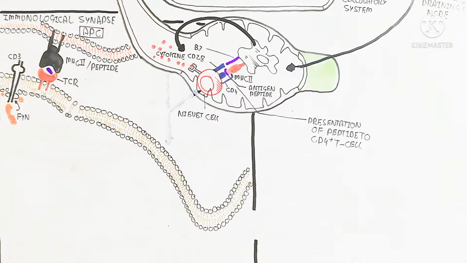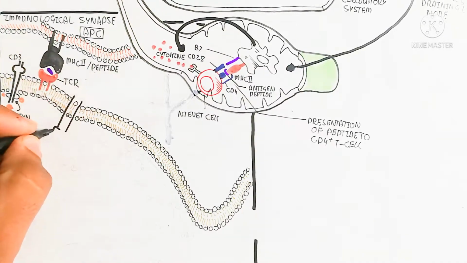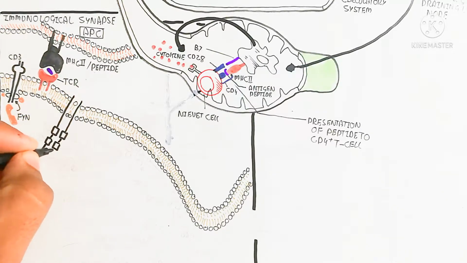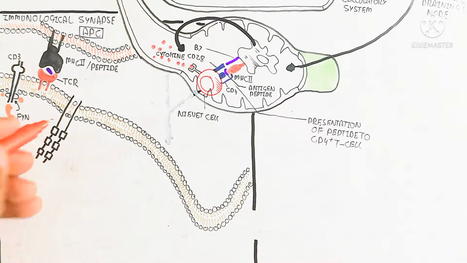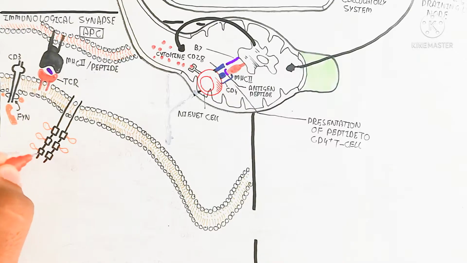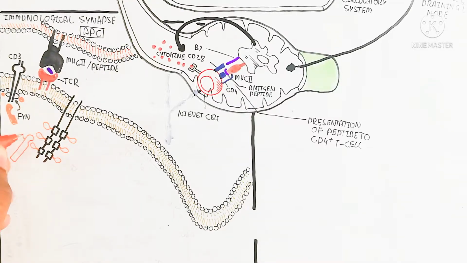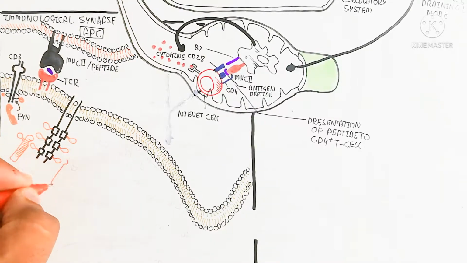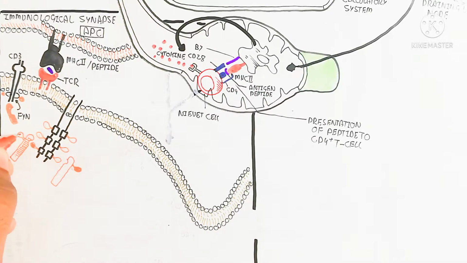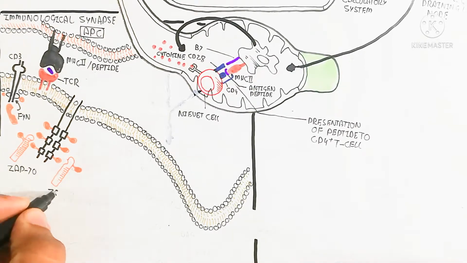FYN protein is stimulated after the phosphorylation of CD3. Here is the tyrosine kinase enzyme, used for the phosphorylation of tyrosine. After the phosphorylation, ZAP70 will bind.